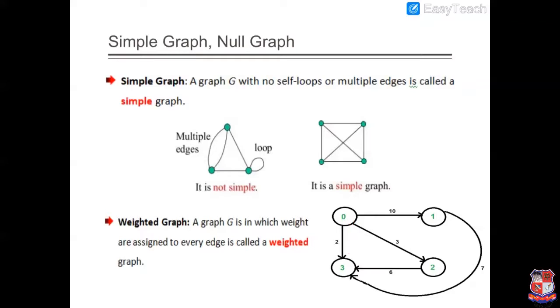For example, between vertices 0 and 1, the weight of the edge is 10. Between vertex 0 and 3, the edge has weight 2. Between 3 and 2, the edge has weight 6, and similarly between vertex 1 and 3, the weight is 7.